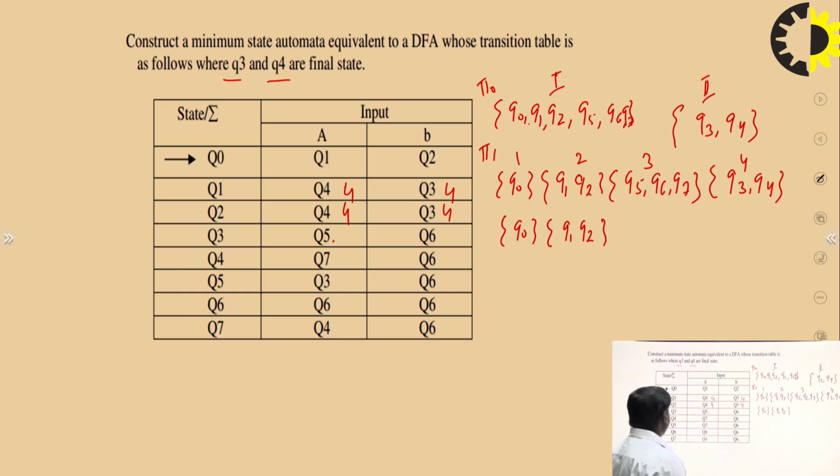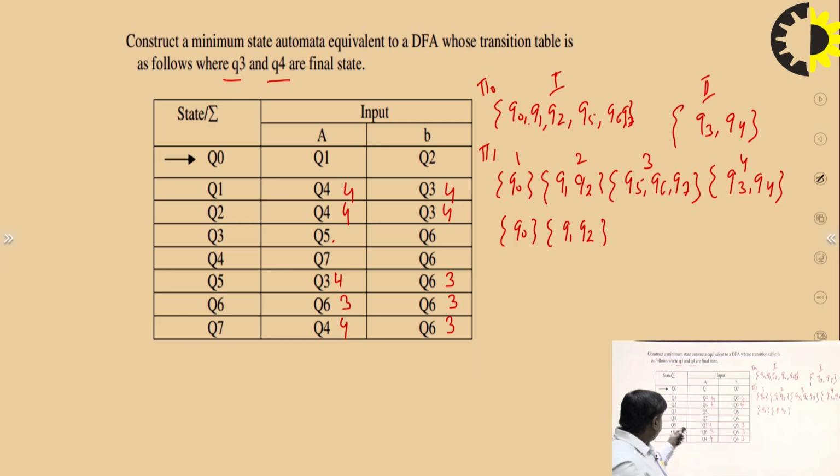Now we move to Q5, Q6, Q7. Q5 goes to Q3, which is in set 4, and Q6 goes to set 3. Q7 is in set 4 and Q6 is in set 3.